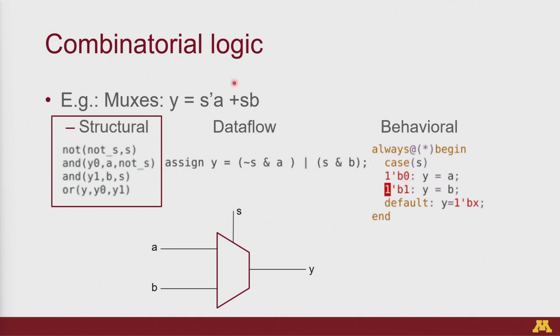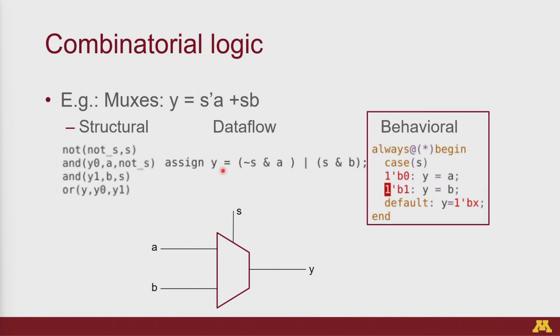You literally represent your Boolean logic equation in legal Verilog syntax, and that is your RTL level. We have this keyword assign, which says to assign the output of this logical operation to this register. Or rather, transfer it to the register, hence register transfer level.